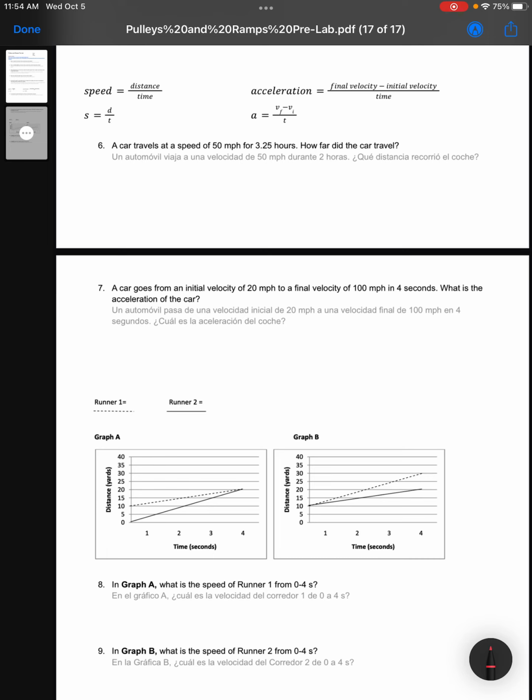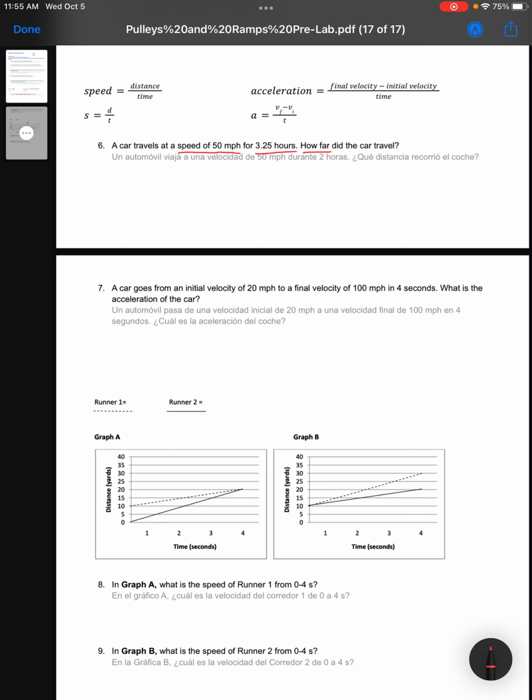The question says that the car travels at a speed of 50 miles per hour for 3.25 hours. And the question is asking, how far did the car travel?